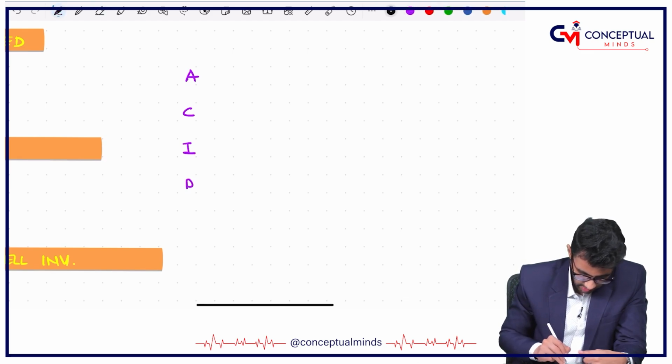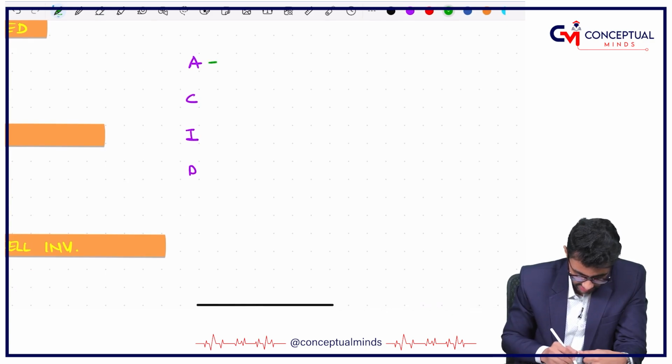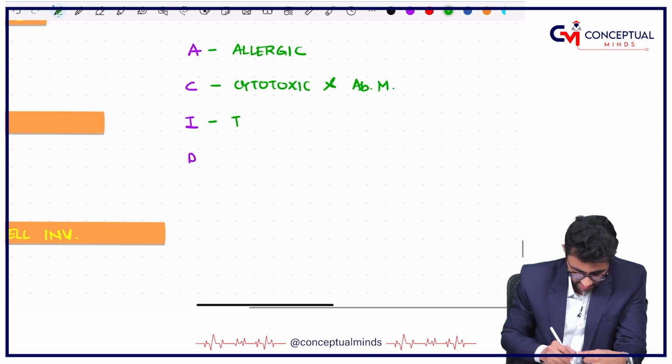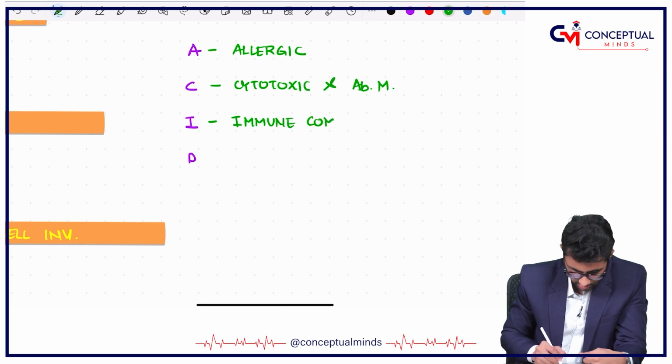A was for allergic reaction, C was for cytotoxic and antibody mediated, I was for immune complex deposition, and D is the delayed type.